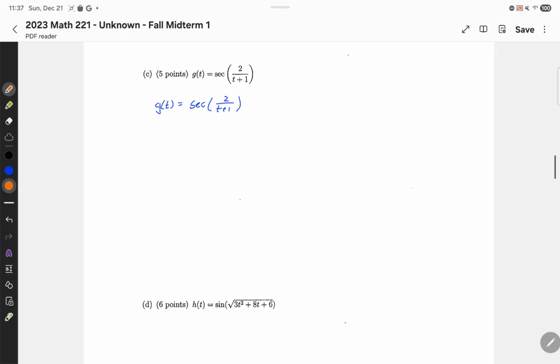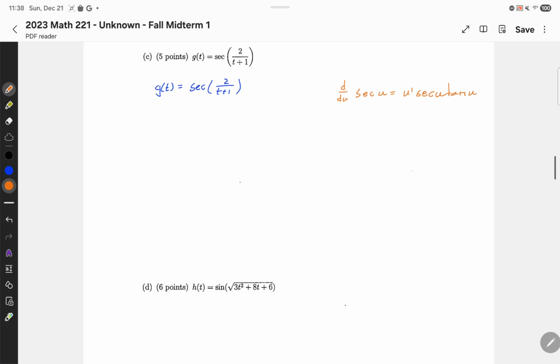The first thing we know is that the derivative, let's call it with respect to u, of secant u is going to be u prime secant u tan u. And from here, we want to look at u.